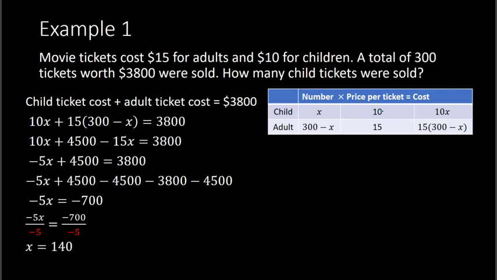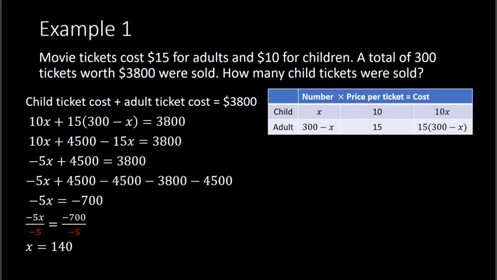So the price per ticket we fill in 10 and 15 for child and adult. The number, same as we had earlier, the child would be your unknown, and then the adult number, we take 300 minus the child's number, and we discussed that earlier. And then we know that we multiply the number times the price to get the cost.